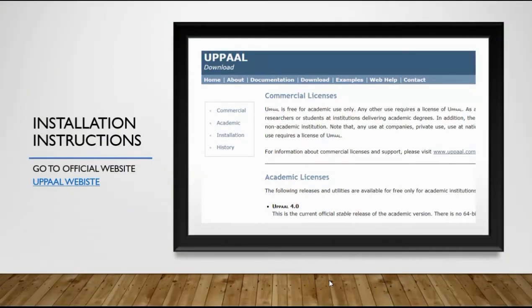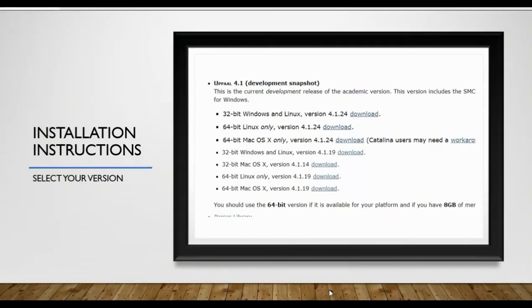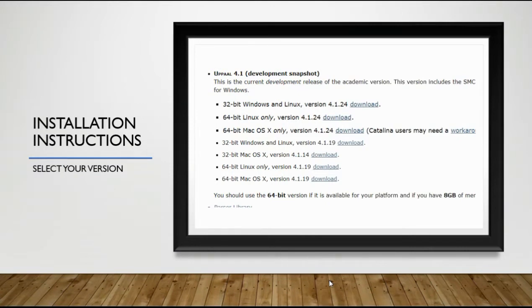First, you have to download your version from the official website. So you go first to the website and then you select your version based on your platform. There are many versions for Windows and Linux. For Windows there are two versions, for 32 and 64-bit.